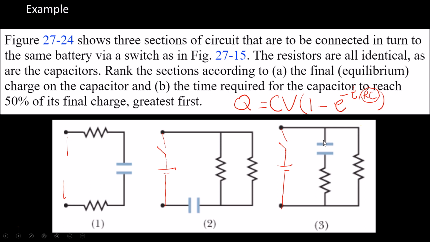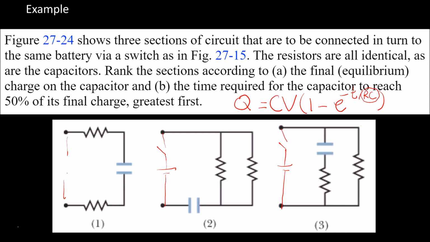But how the current or the charge changes depends on the resistor that is in series with it. So in this one, the time constant is decided by RC, which is this R. This one has time constant RC, this one has R over 2 times C, and this one has 2RC.